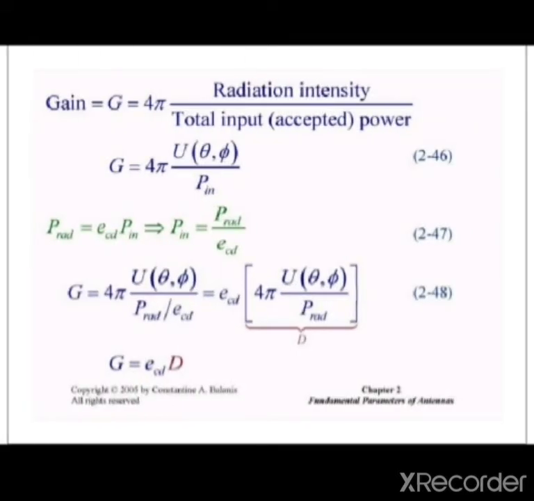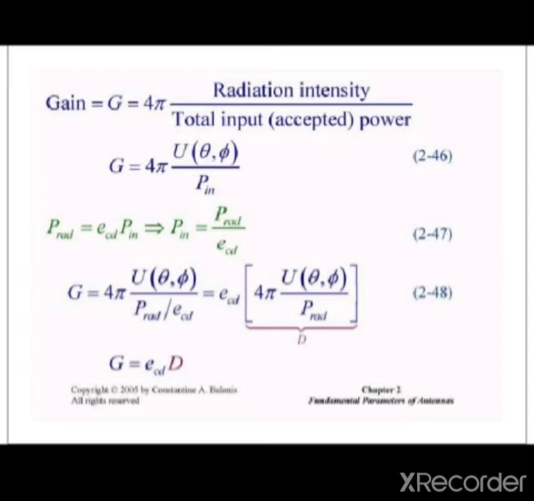The gain is equal to 4 pi times the radiation intensity over the total input power accepted. So G is equal to 4 pi U of theta comma phi by P in. That means the radiation intensity over the input power, times 4 pi, is called the gain. So P radiated is equal to e_cd times P in, which we already know.